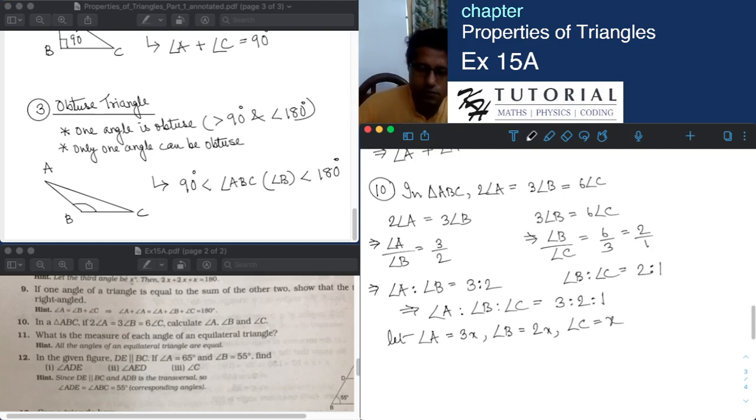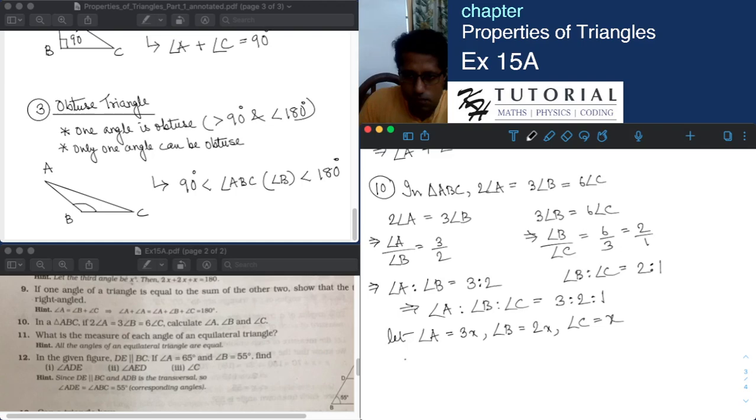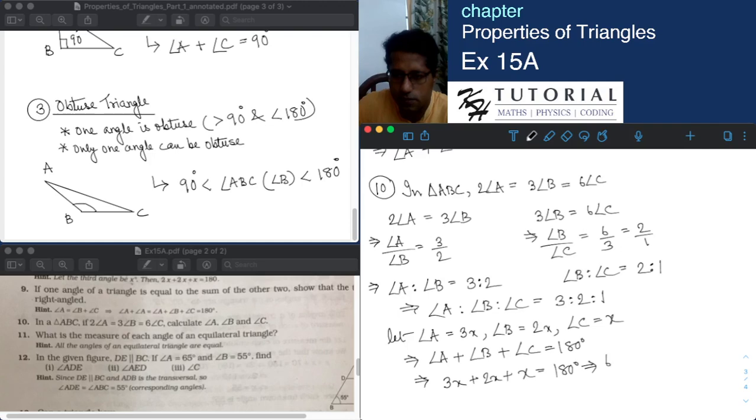I'm omitting the degrees. I hope it is understood. Now, we know that angle A plus angle B plus angle C is equal to 180 degrees. So 3x plus 2x plus x equals 180 degrees. This implies 6x is equal to 180 degrees, so x is equal to 30 degrees.